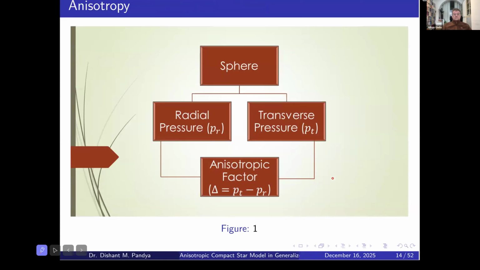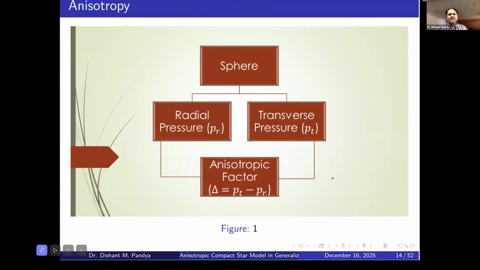Now, before we dwell into those equations, let us try to understand what we mean by anisotropy. You can think of it like this: if you have a sphere and it is a balanced sphere, that means the internal pressure and the outer pressure are counterbalancing each other, and hence we have uniformity. To preserve this uniformity, we should have that balance forever.